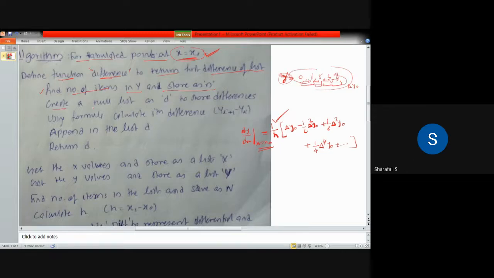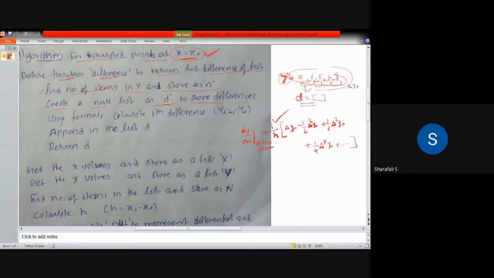Then create a null list d to store the differences. Each time you calculate these differences, you store them in the null list d, something like d equal to null list.